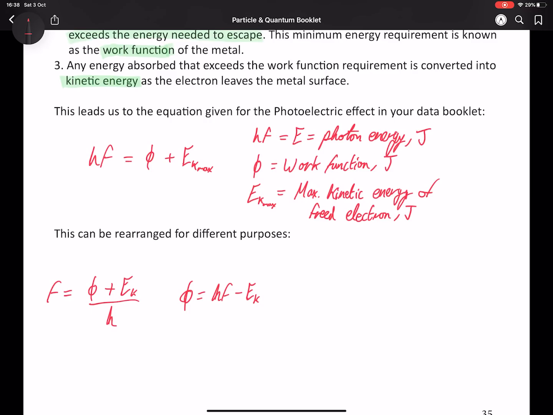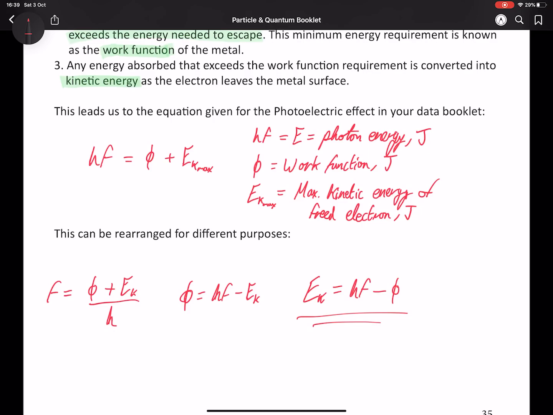So this is very much a practical application. This equation can very much be used in a lab. So it's a real-world equation. Now the third form, Ek equals hf minus work function, is more useful when we consider graphs, as we'll see shortly.